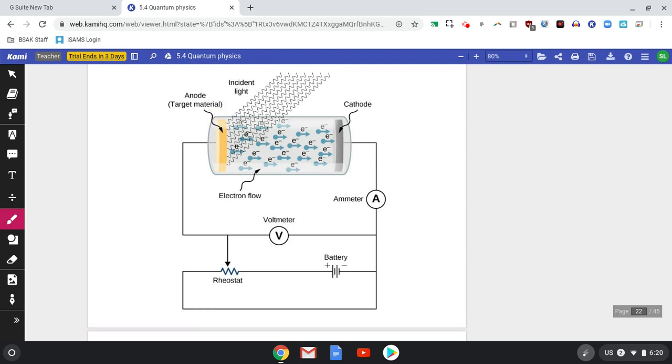Now, this is the very clever bit. If we turn this voltage up slowly until the current just reaches zero, that means that the fastest electron is just slowing down, stopping, and then going back again.